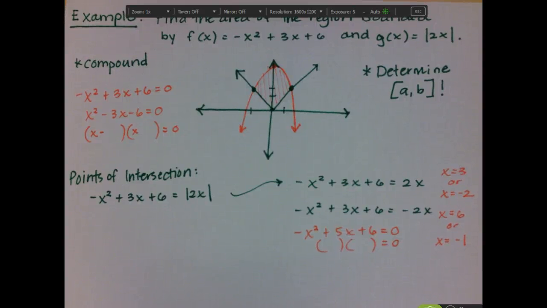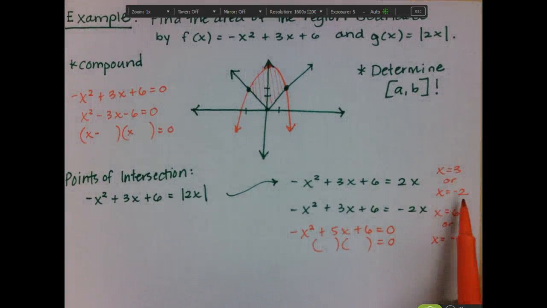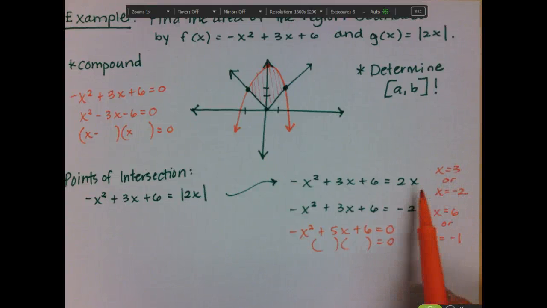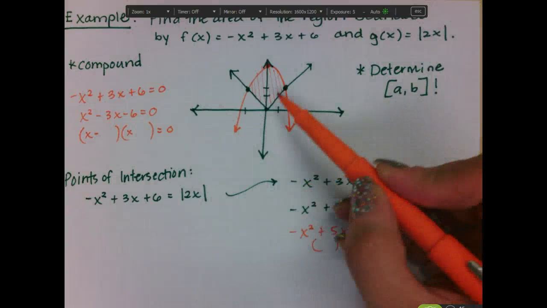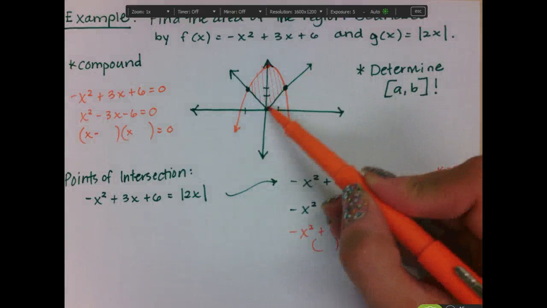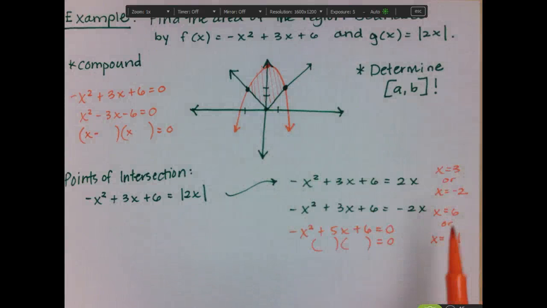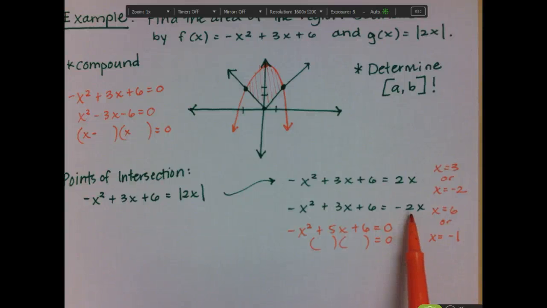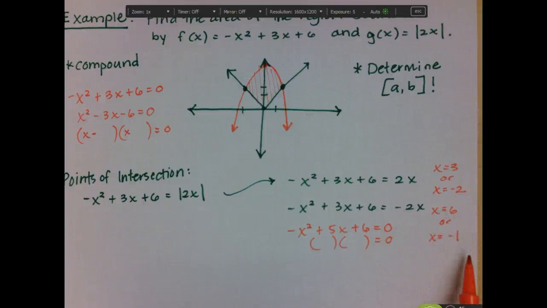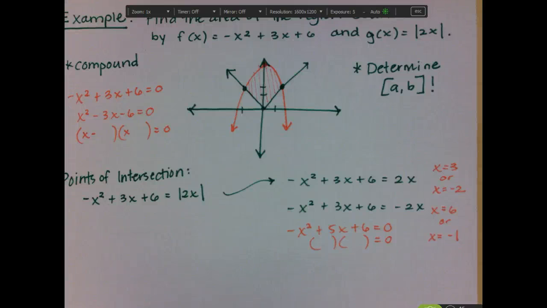So for each equation that we set up, we actually get two possible answers: x equals 3 or x equals -2, when we set it equal to the positive side of the function. And then when we set it equal to -2x, the other side, we get either 6 or -1 for our solutions for x.